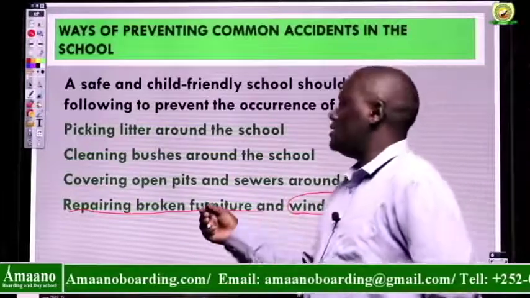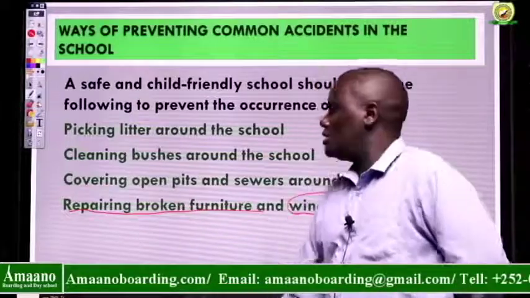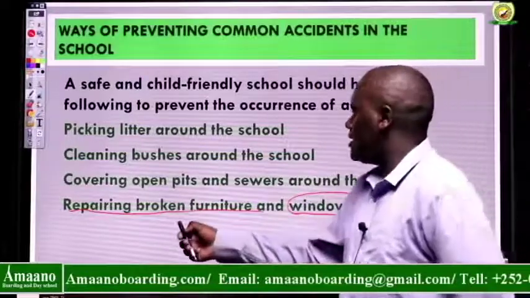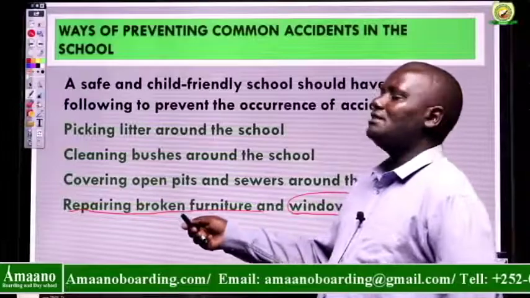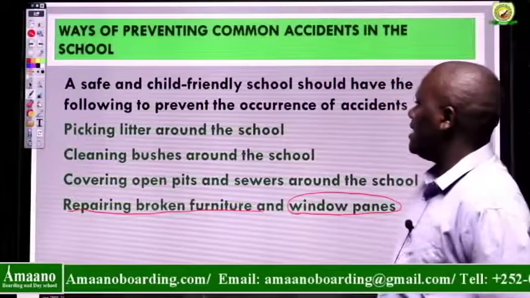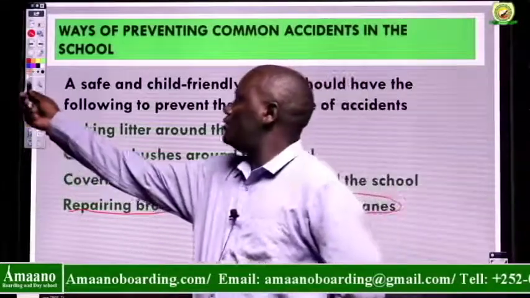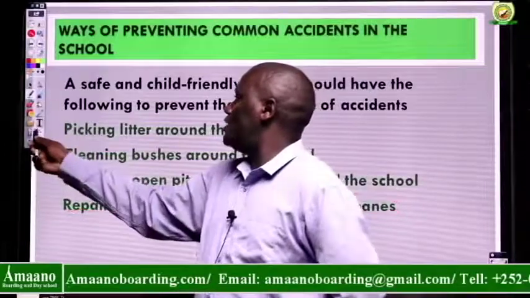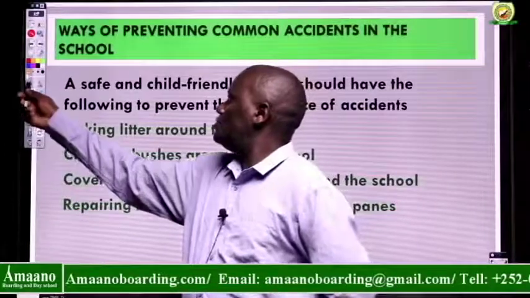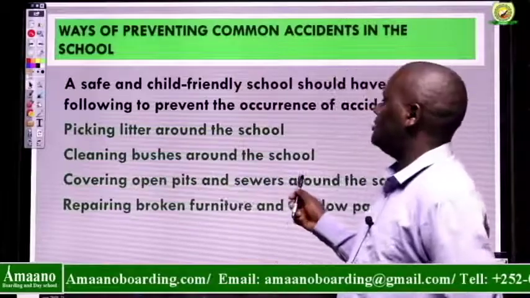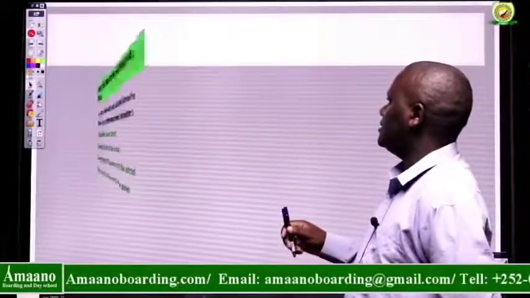After repair, it's brought back for use. But if we continue using a broken one, we can easily injure ourselves and even fall from that broken furniture. So all of us should always observe these things.